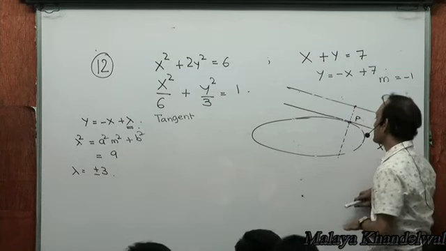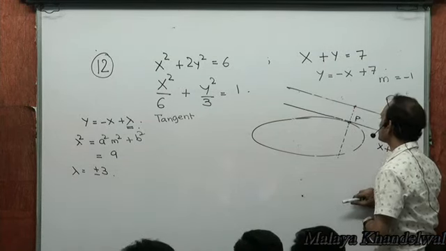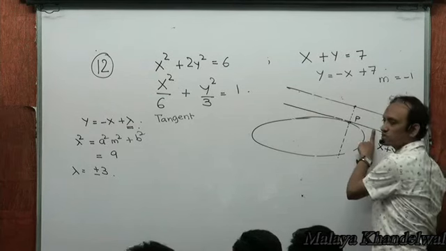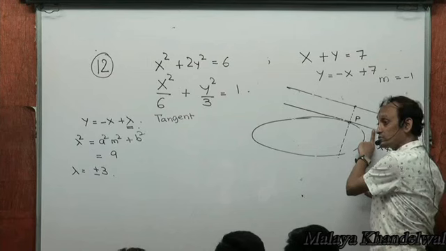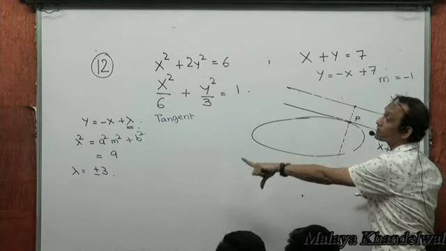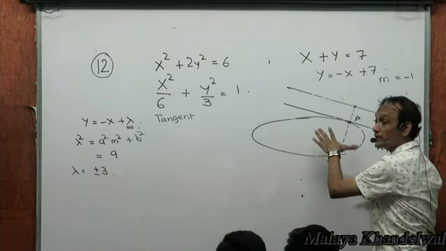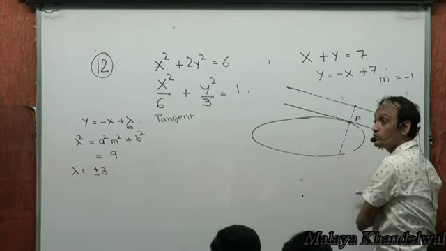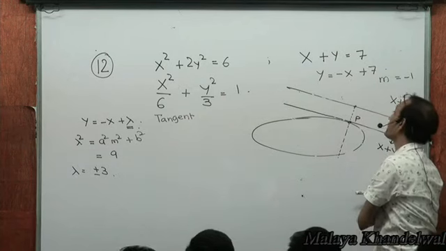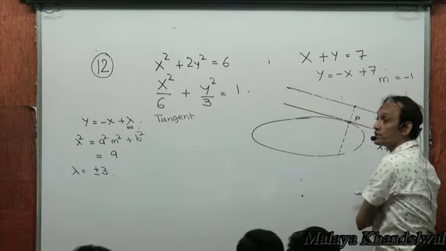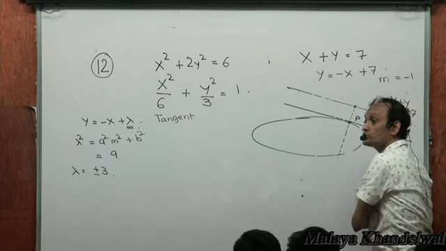Would you want to believe that this must be x plus y equal to plus 3 and not minus 3? Think about it. This line, according to the equation, could have been x plus y equal to plus 3 as well as x plus y equal to minus 3, right? But I claim that this line is x plus y equal to plus 3 and not minus 3.